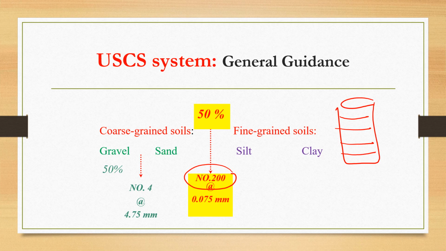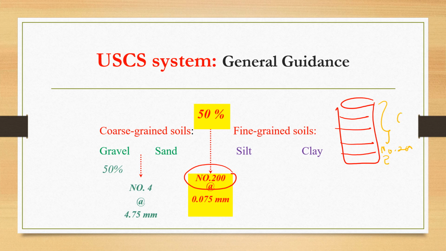Let's say this is your sieve number 200. Remember, when you arrange the sieves, you need to arrange from the big aperture, the big opening, followed by smaller ones, and the bottom one is the small opening. So this is number 200. What is actually number 200 is the boundary between coarse and fine.